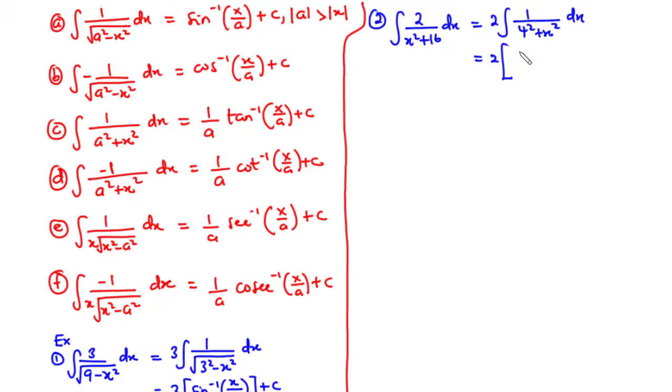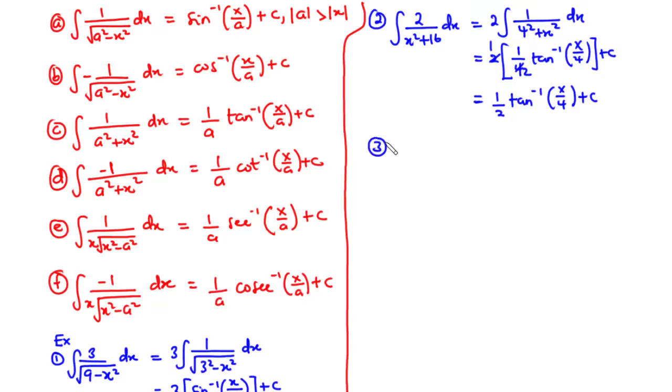We have a to be 4, so 1 over 4 times tan inverse of x over 4 plus c. So 2 goes here once, 2 goes here 2 times, we have 1 over 2 times tan inverse of x over 4 plus c.